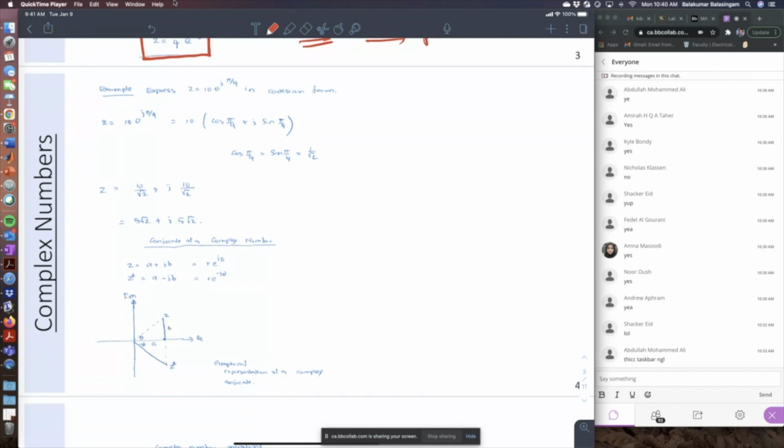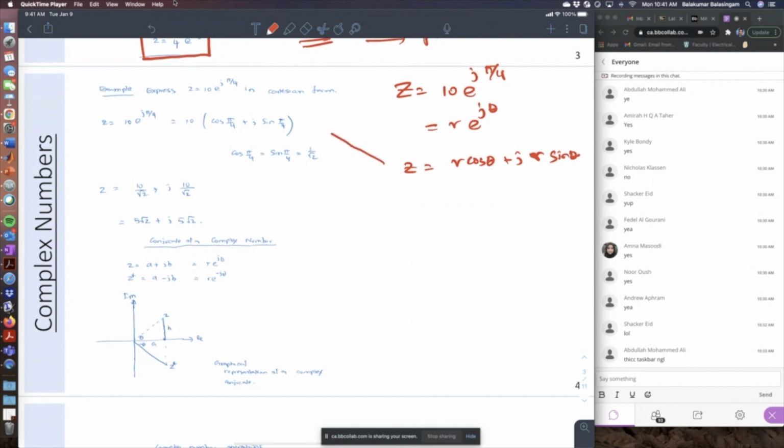Okay, another example. Express s = 10 e to the power j pi by 4 in Cartesian form. So it's r cos theta, r sine theta. This is r e to the power j theta, so in Cartesian form, that is r cos theta plus j r sine theta.